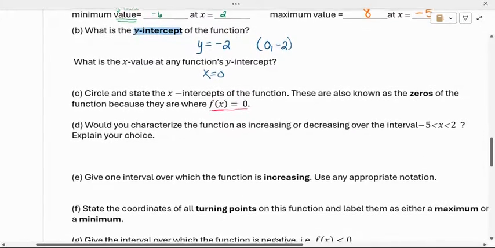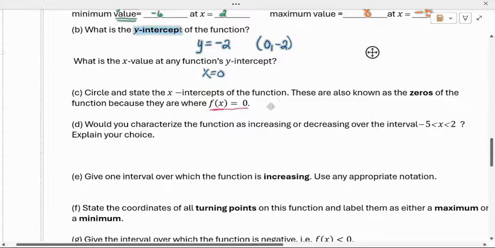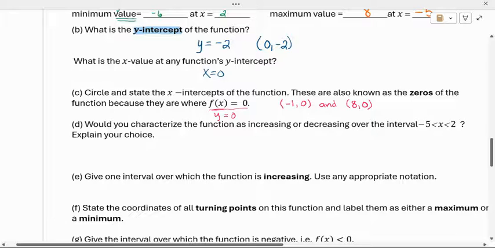Good job. So your 2 zeros, if we write them as ordered pairs, are the ordered pair -1, 0, and 8, 0. Remember, when we cross the x-axis, we know that y equals 0, or f of x, because that's the same thing.